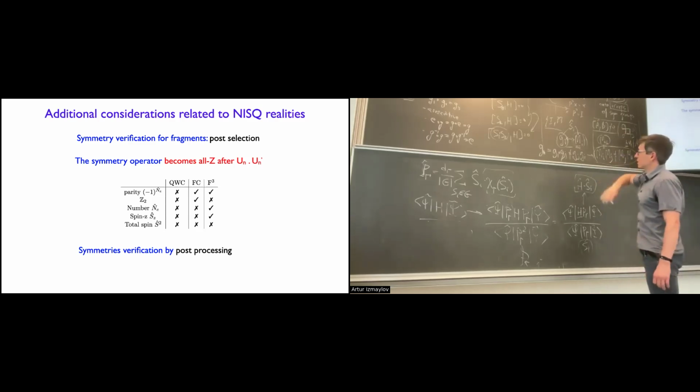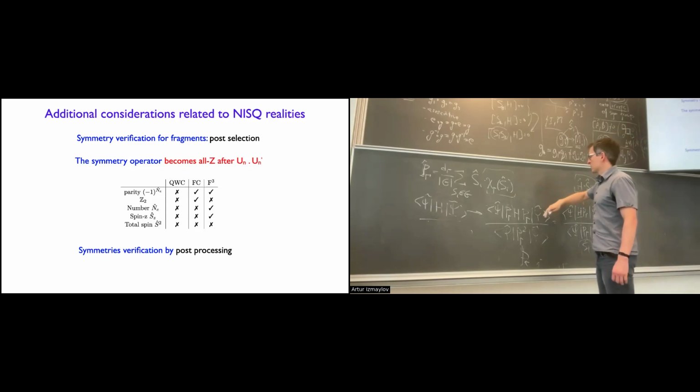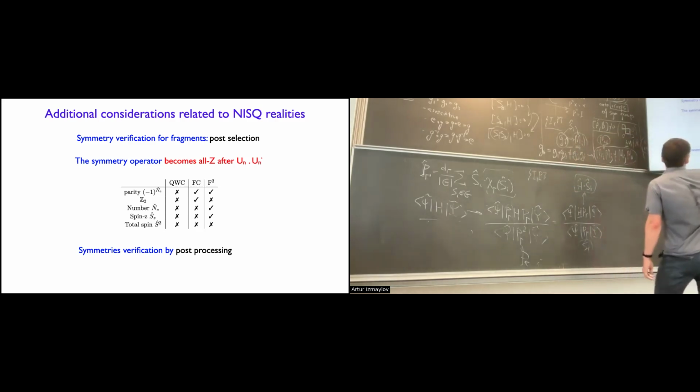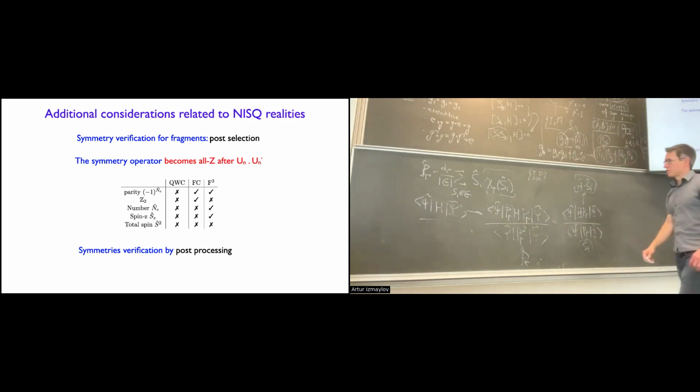So the group that I already mentioned, my favorite because it's very simple to illustrate, contains only identity and parity as two elements, and that is exactly the same group as parity in the case of the number of electrons.